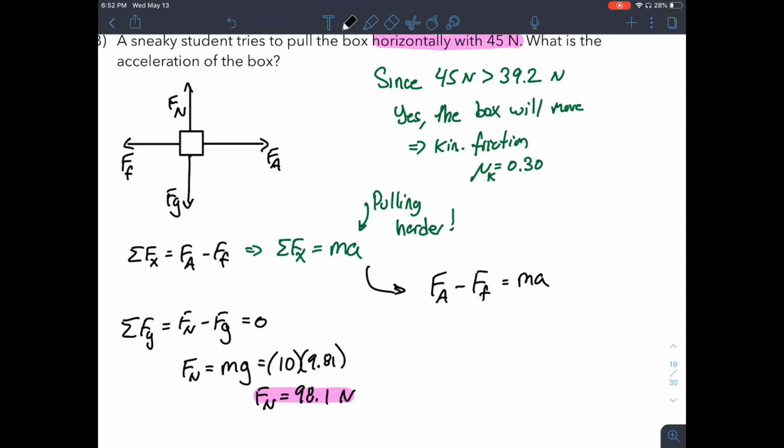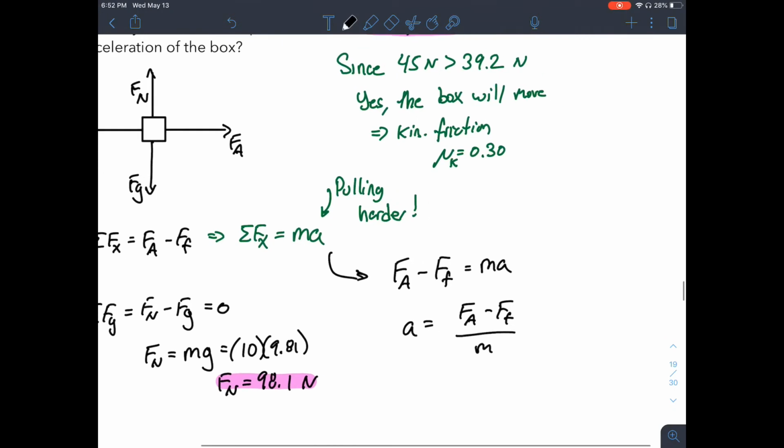So we want to know what this acceleration is. So our acceleration, divide out the mass. We've got the applied force, which is 45. We are subtracting the force of friction, and we are dividing that all by the mass.